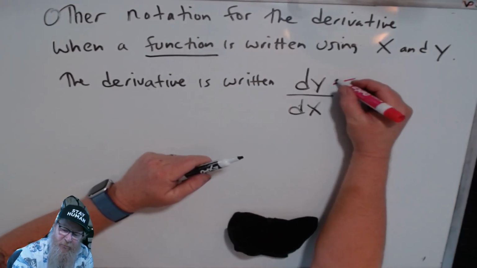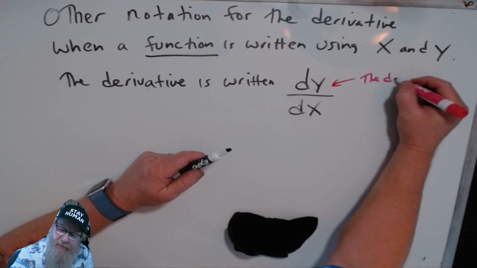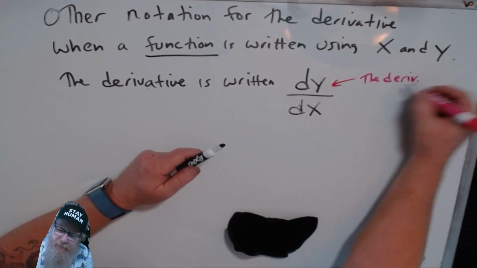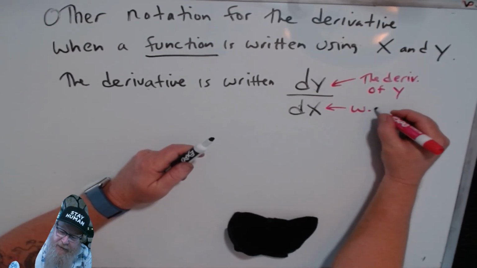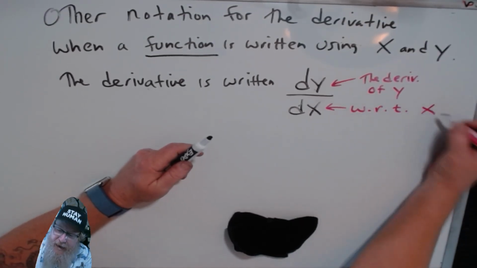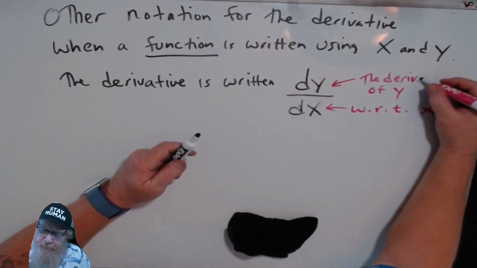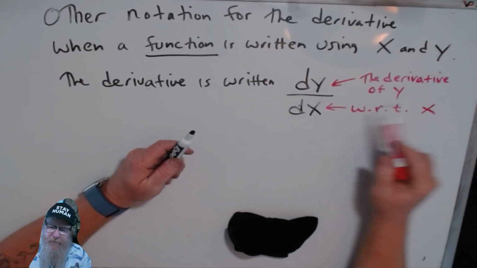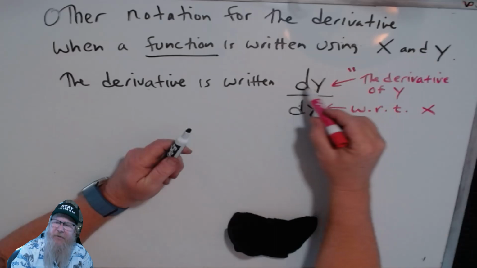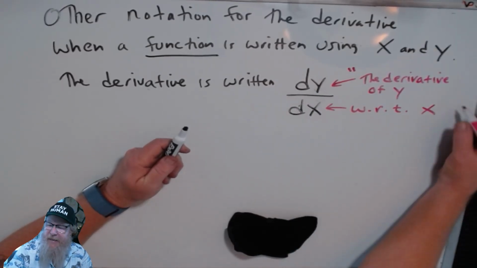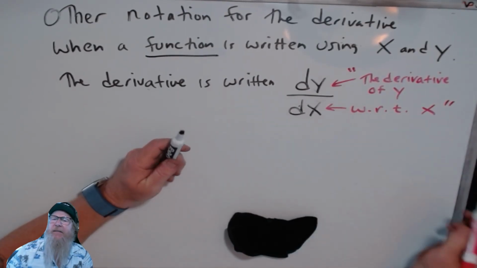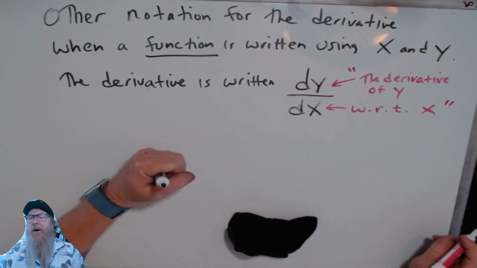So this is the derivative of y with respect to x. So the way we read this is the derivative of y with respect to x, dy dx.